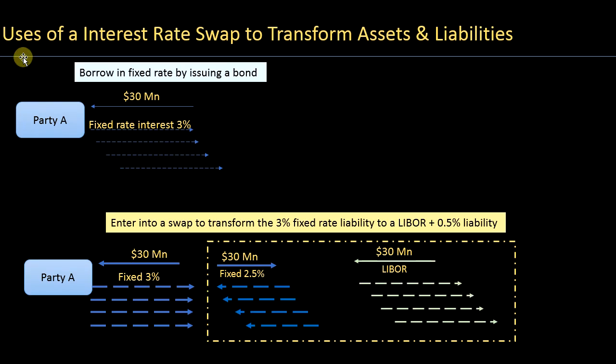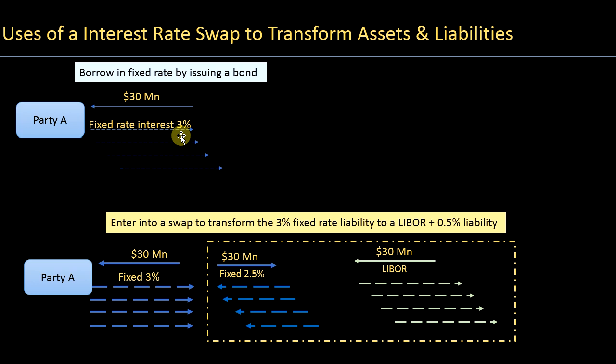Now let's look at how interest rate swaps can be used to transform an asset or a liability. Here, for example, firm A has borrowed $30 million by issuing a bond. Let's assume the interest that firm A has to pay to the lenders is a fixed rate of 3%.